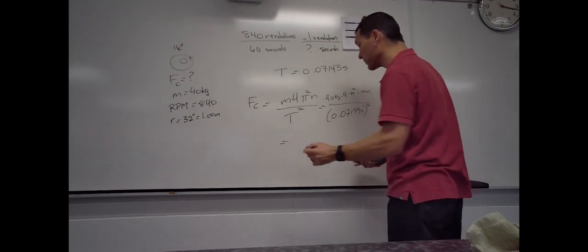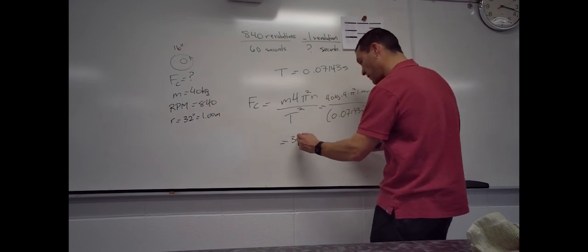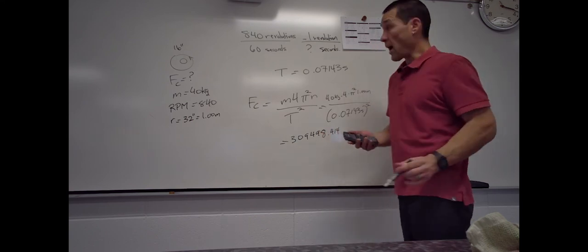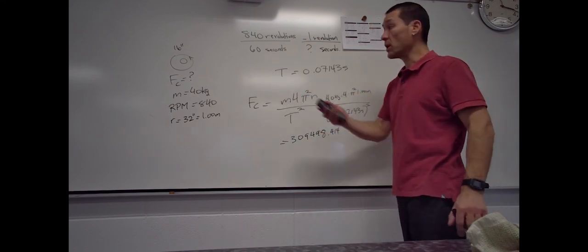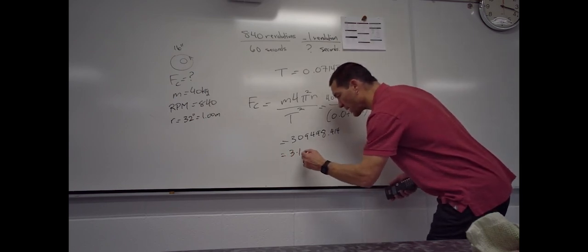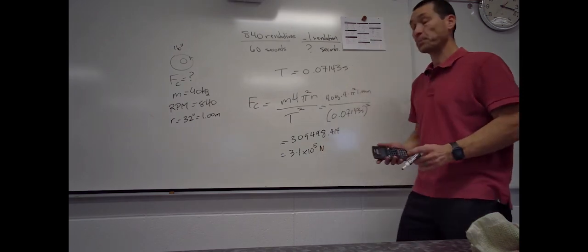Crunch those numbers, and we should get a really big number. Obviously, I'm going to have to get this down to 2 significant digits. So that's going to be 3.1 times 10 to the 5th newtons.